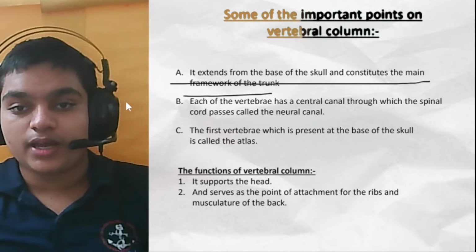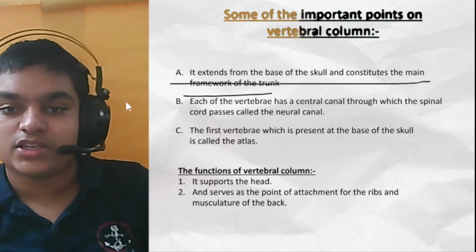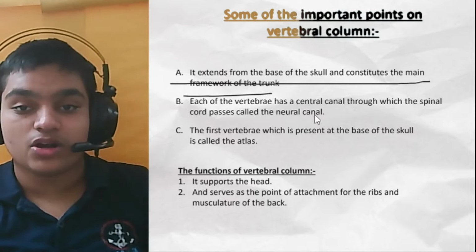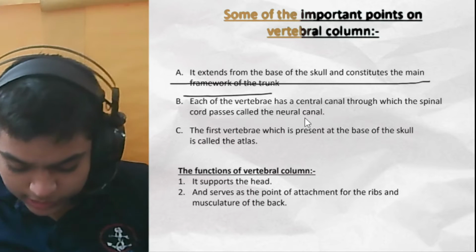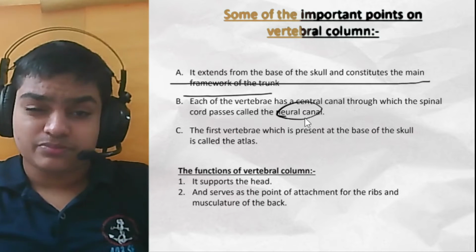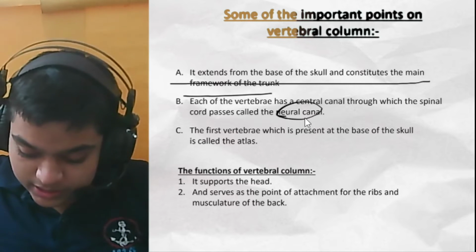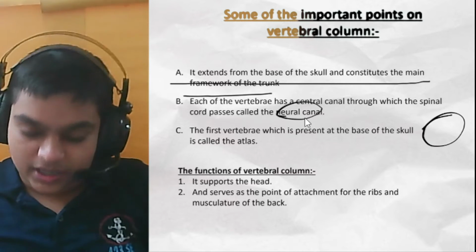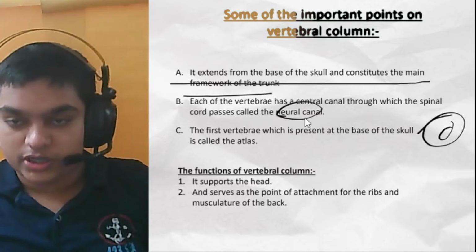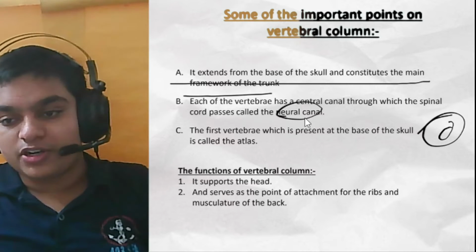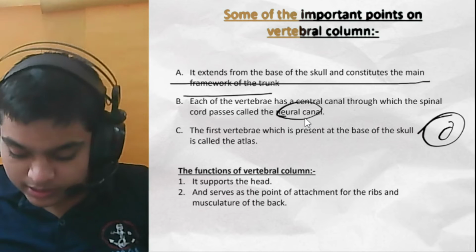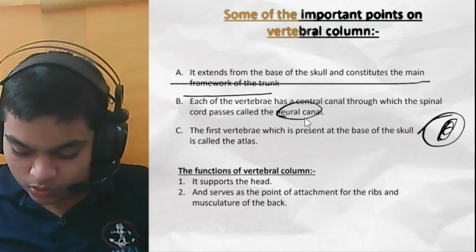Each vertebrae has a central canal through which the spinal cord passes, called the neural canal. This neural canal is also called the spinal foramen. These vertebrae are ring-like structures, not perfect rings, but we consider them as rings, and this is hollow.